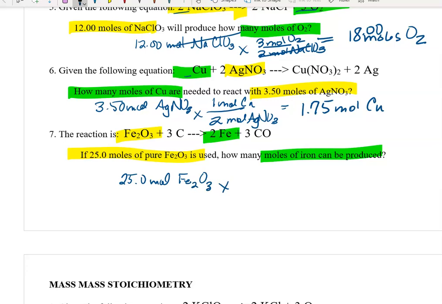Our ratio is unknown over known, 2 over 1. And in the end, we get 50 moles of iron. All right, that's your introduction to stoichiometry.